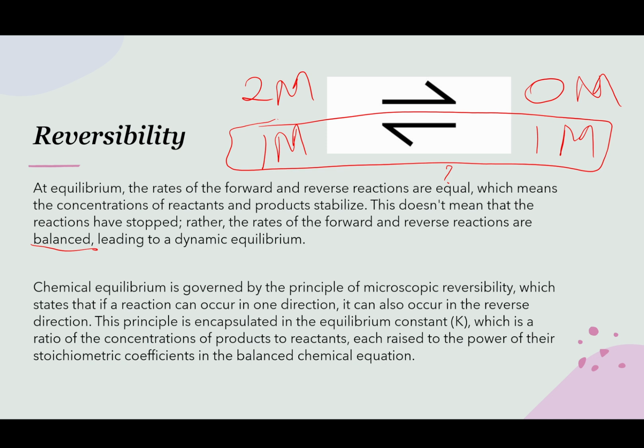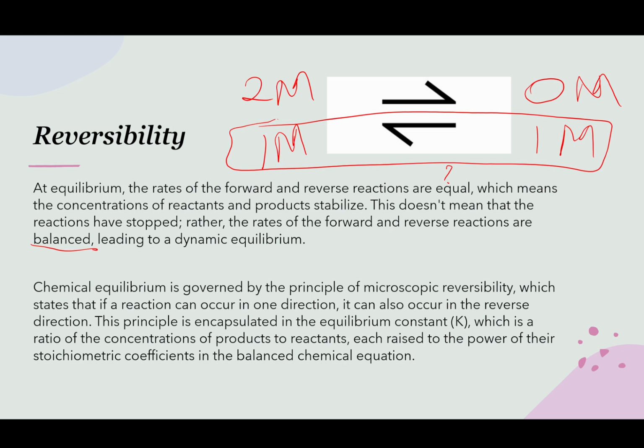Alright, so chemical equilibrium is governed by the principle of microscopic reversibility, which states that if a reaction can occur in one direction, it can also occur in the reverse direction. This principle is encapsulated in the equilibrium constant K. The equilibrium constant K can be expressed in around 5 different ways, but specifically here, we're going to be talking about Kc and Kp.